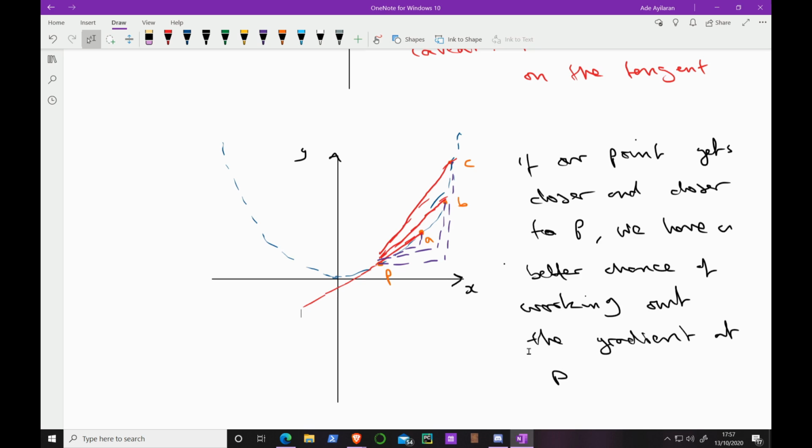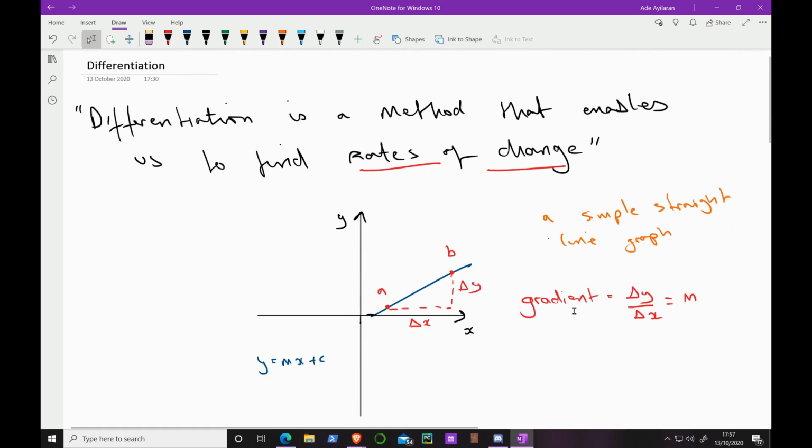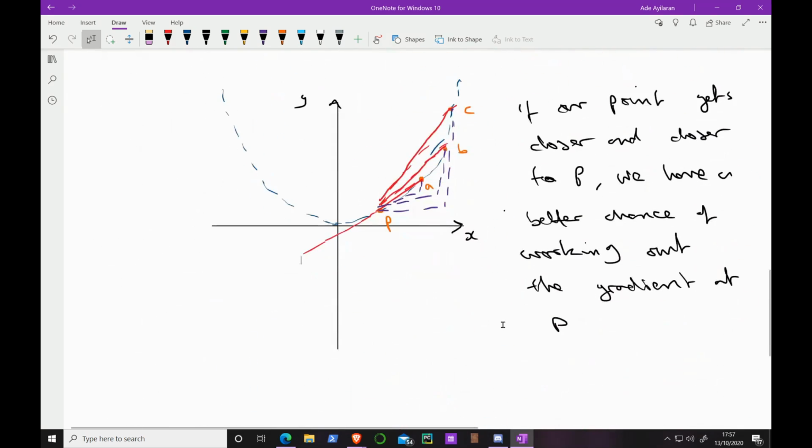We find this point because it allows us to still do our straight line gradient, change in y over change in x. It's still an approximation, but it is close enough to the point at which we want to find the gradient, so that we can use it and find the gradient at any point along the curve.